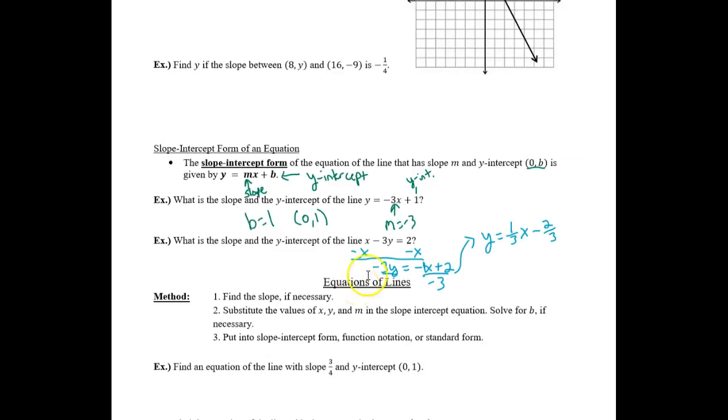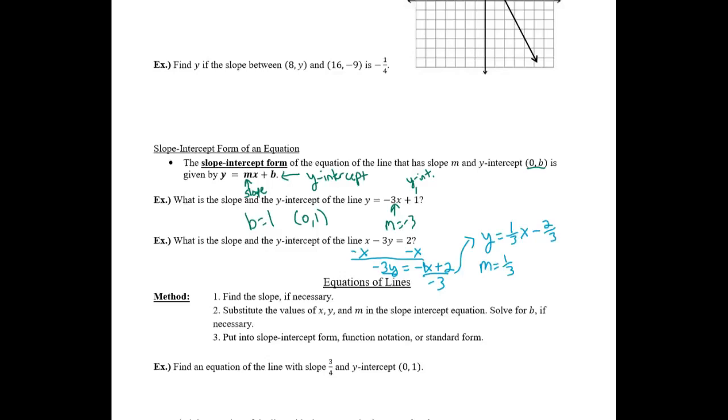So if you didn't catch that on your attempt, you must get y alone before you can pull out the y-intercept and the slope. Now that it's in the proper form, I can pull out the right information. Looking at this, I see with the x term, that coefficient is our slope. In this case, m will be 1/3.